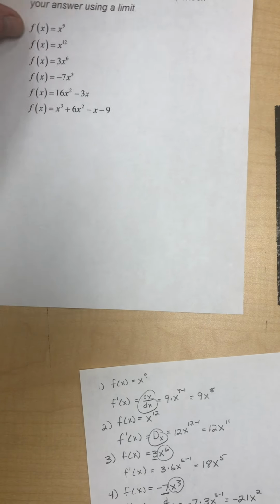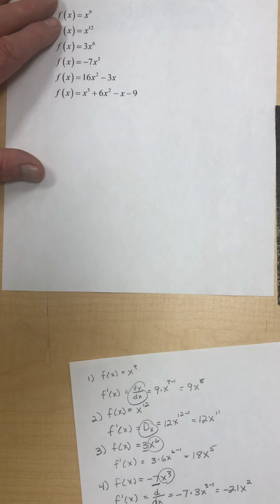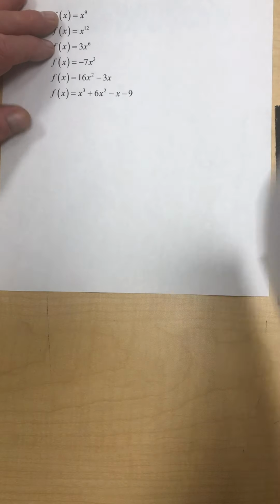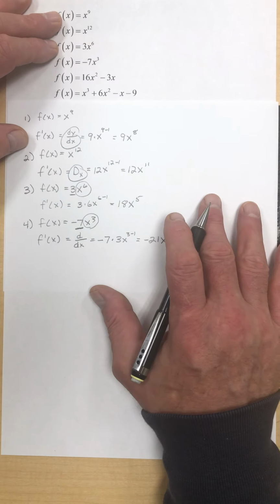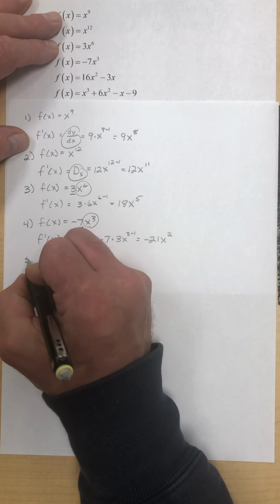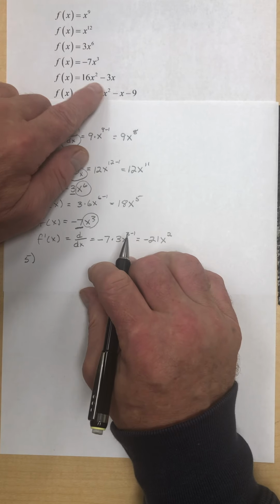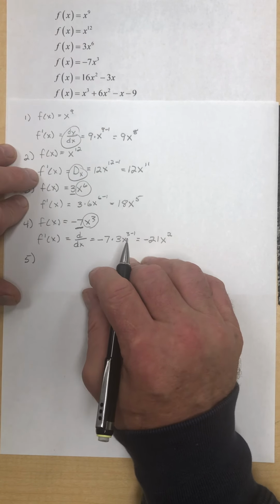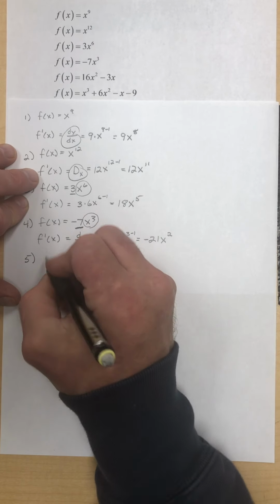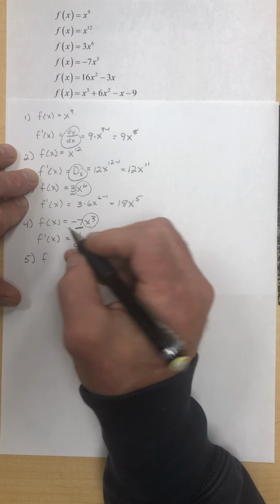What do I have left? Well, remember your rules for limits. If we have a limit of a sum or a difference, I can take the limits of each one at a time. I can do the same thing with the derivative.